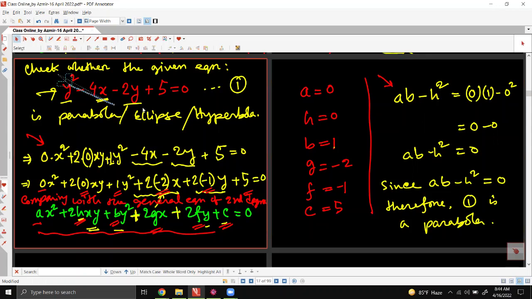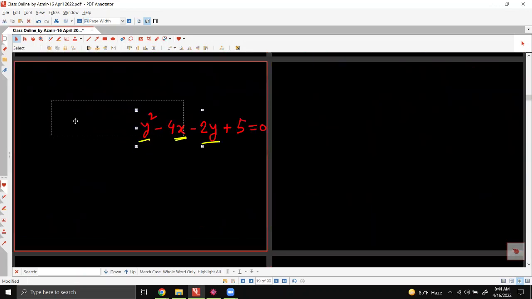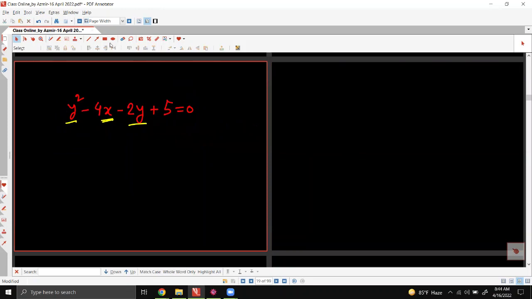So now let's say we have the same equation. So from this equation, we have to find the vertex, the axis of symmetry, let's say the focus, the directrix, the length of the latus rectum. So that means we have to analyze.